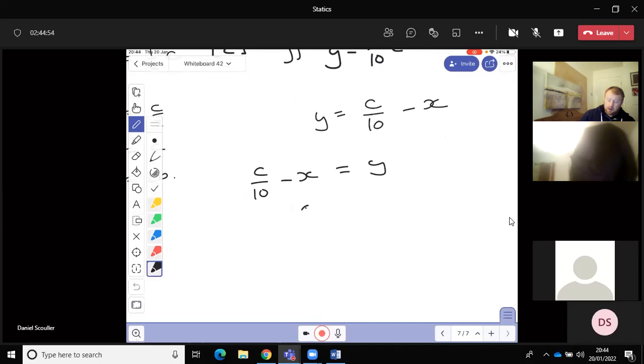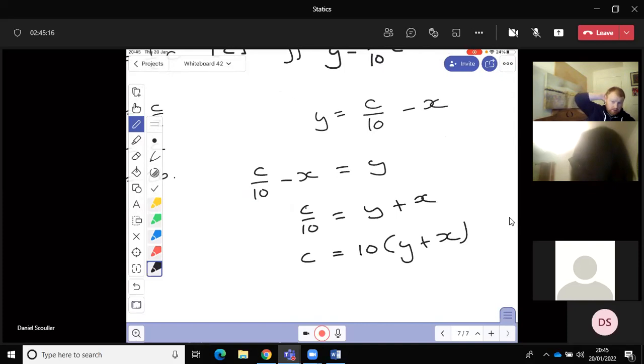Then you can have C over 10 equals y plus x. C equals, and this is where you move the 10 over and it multiplies that whole right side, so it becomes 10 bracket y plus x. So it multiplies everything on that right hand side. There's a couple of things in there that could throw you, just the way it's been written out.